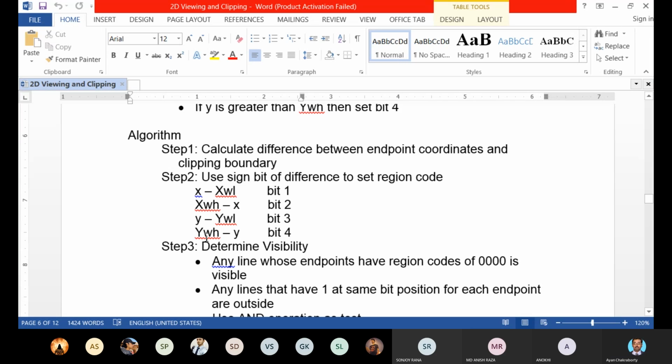What does it mean? X minus XWL. If this is positive, what does it mean? Anyone?